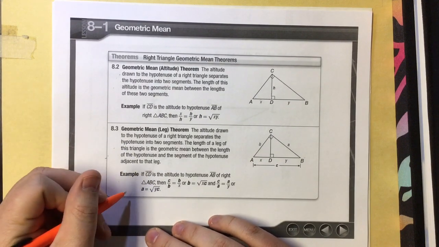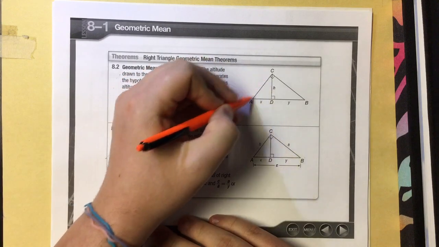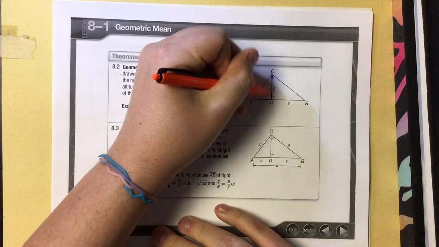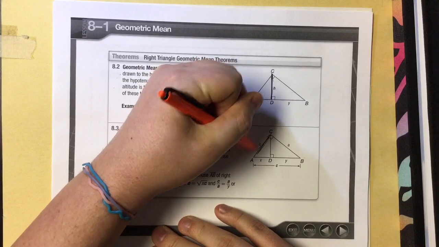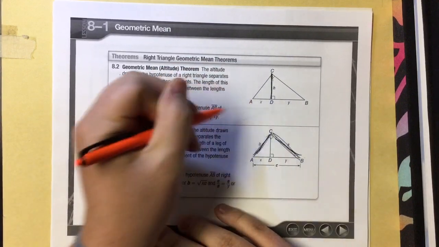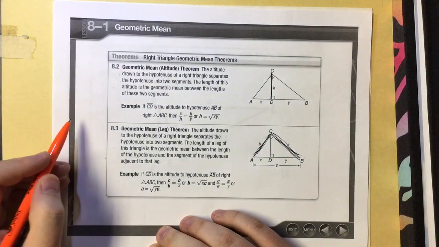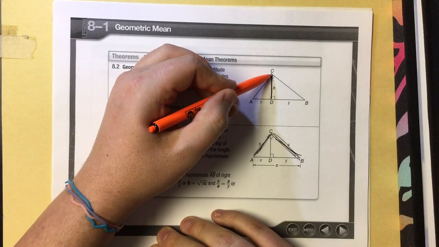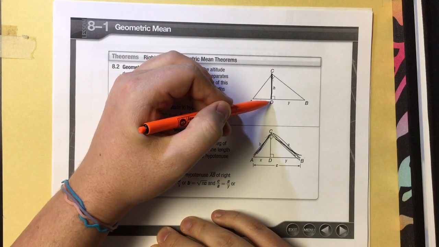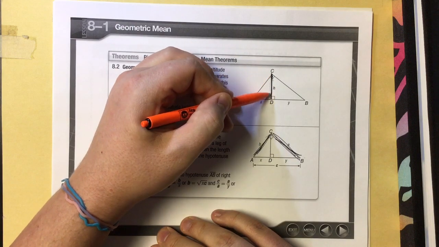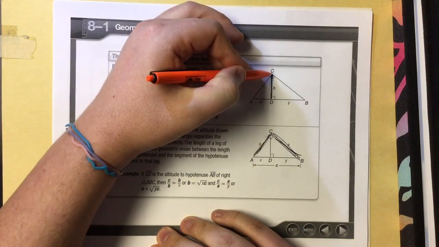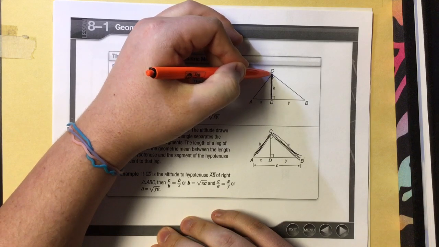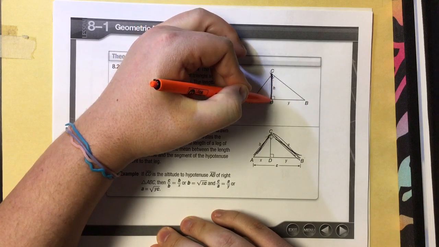So in both of those situations, what we have is a segment going from the right angle of our big triangle. It's either h, the altitude here, or it's one of the legs. So in every situation, you have a segment going from the right angle of the big triangle down to the hypotenuse.